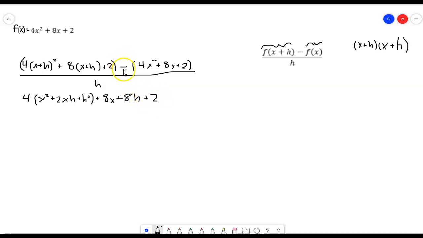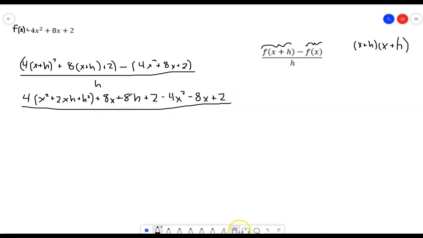Now we have to distribute this negative sign. So minus 4x squared, the opposite sign of all three of those, minus 8x plus 2, all over h.